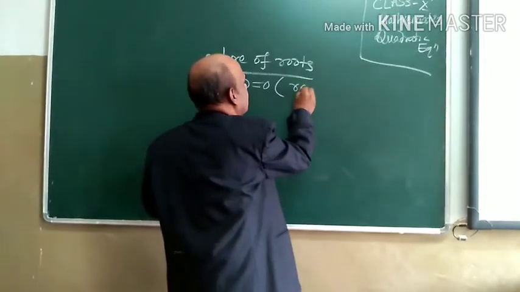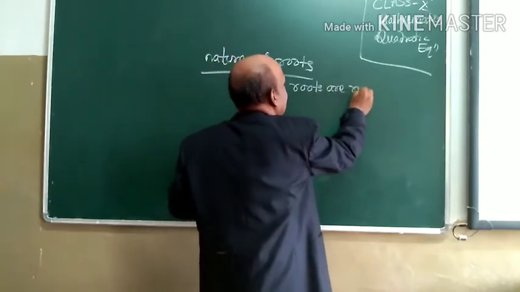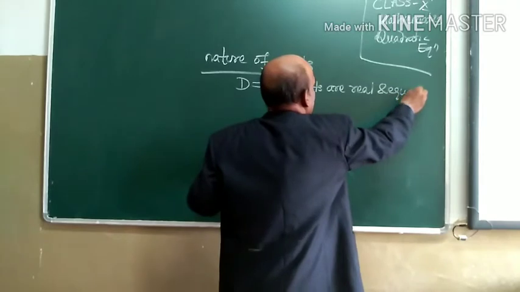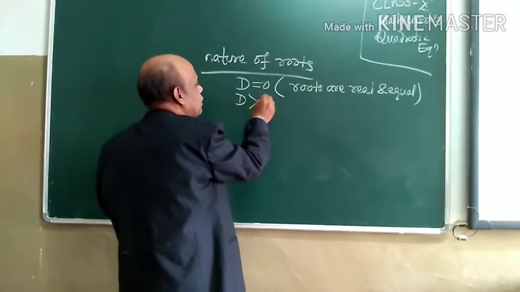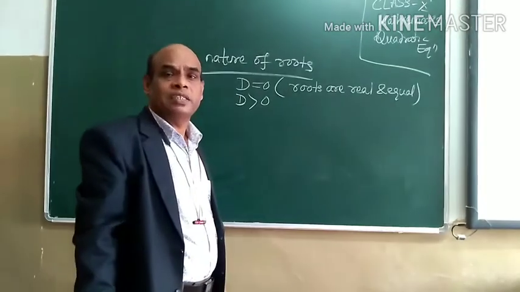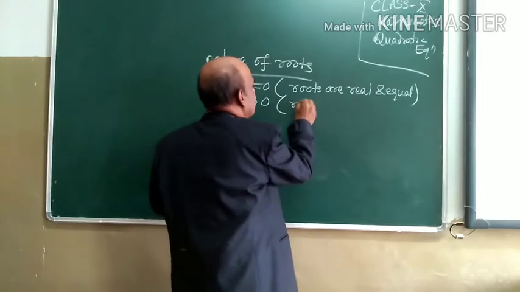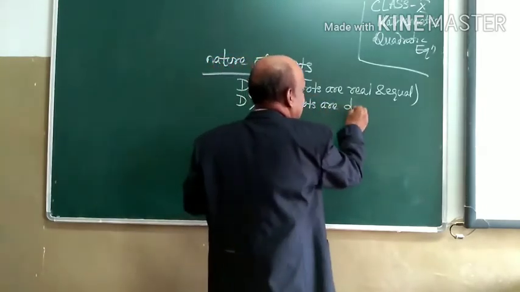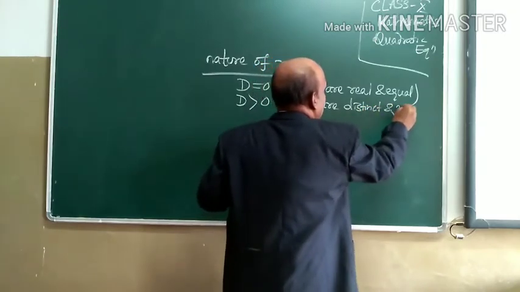If the discriminant is greater than 0, roots are distinct and unequal.